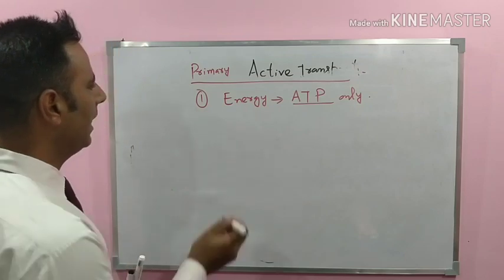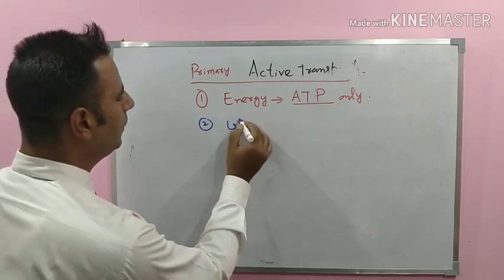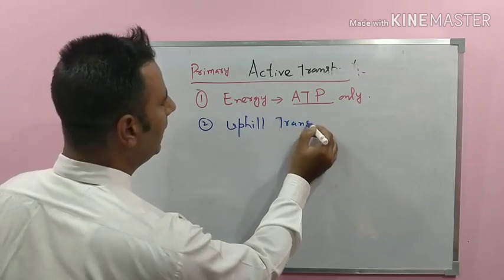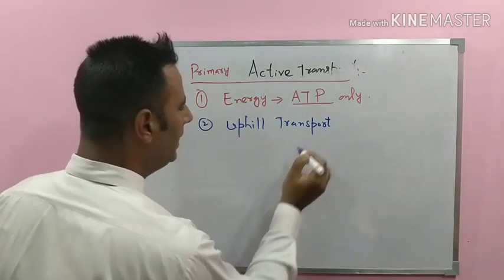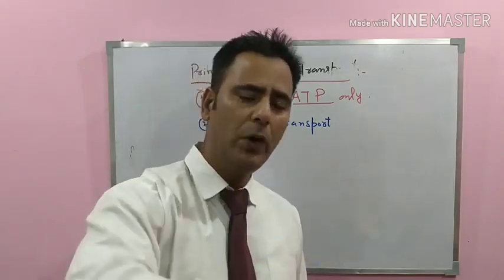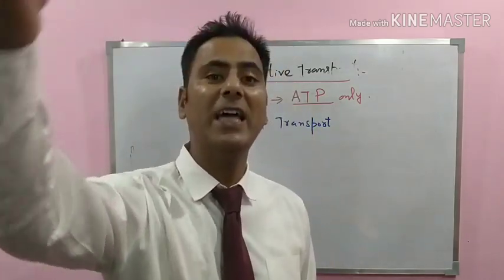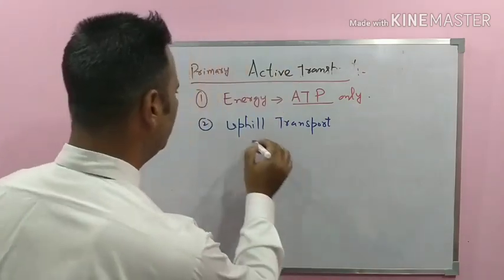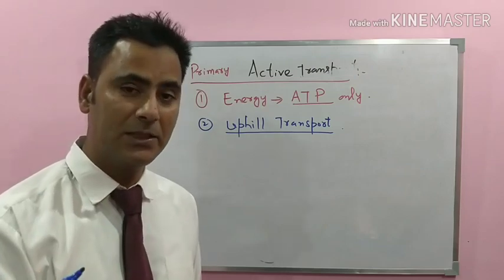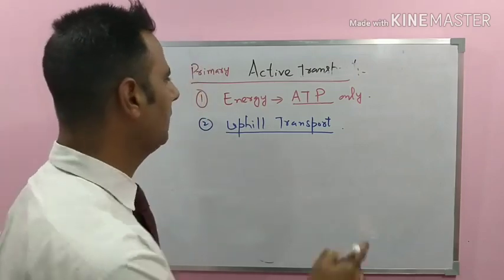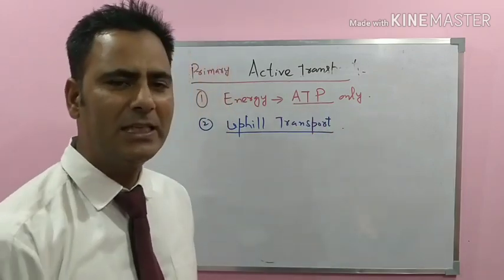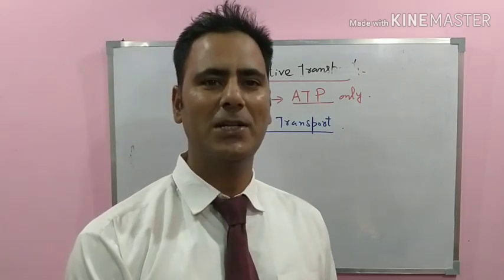This type of transport we call uphill transport. Uphill means things move from an area of lower concentration to an area of higher concentration with the expenditure of energy, which comes in the form of ATP. This is our primary active transport.